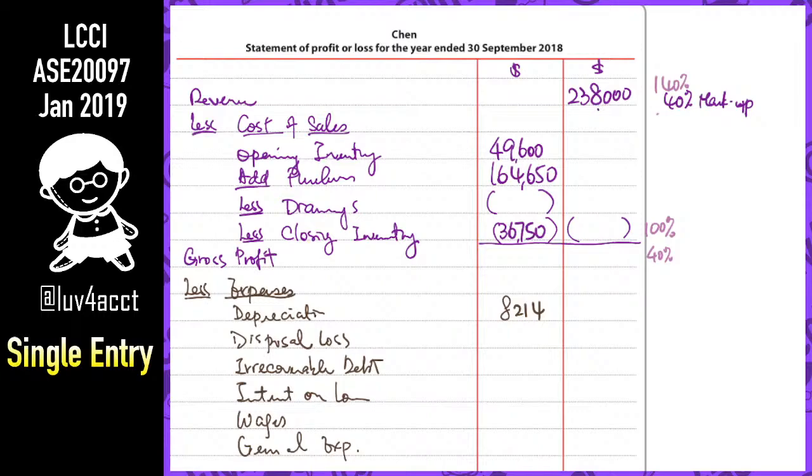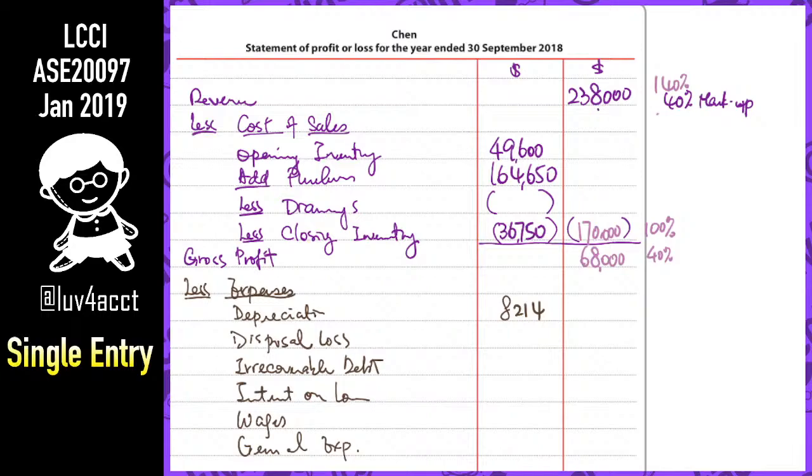So 238,000 divided by 1.4, we will have cost of sales being 170,000. And gross profit, again, 170,000 times 40%. Yes, it is correct.